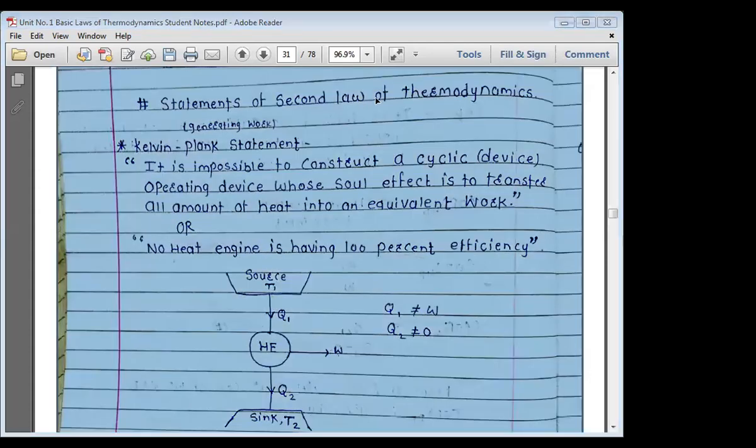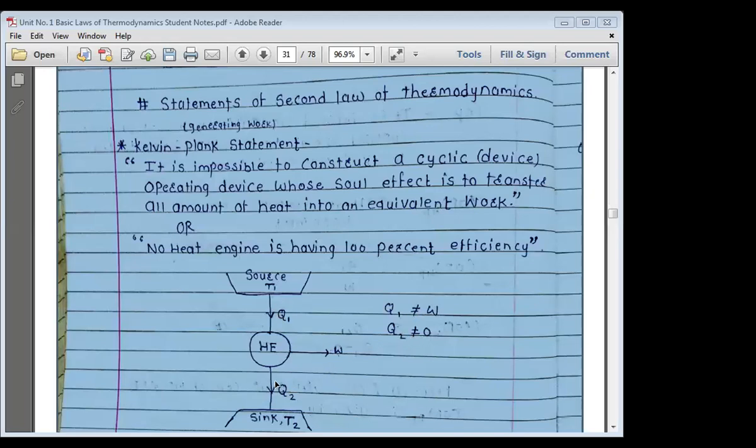So this is our Kelvin Planck. Now another statement means what? Q1 cannot be equal to W, that is, the amount of heat cannot all become work, and Q2 should not be equal to 0. If Q2 becomes 0, then Q1 is equal to W. For Q1 equal to W, what is the second condition?